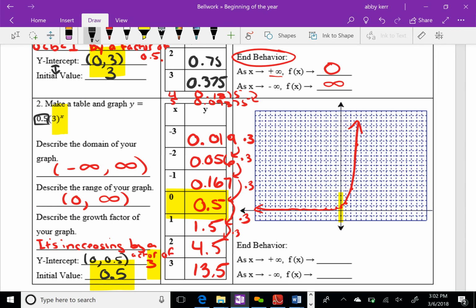Now, as x approaches positive infinity, as it's going to the right, what is our y doing? It's going up. So it's positive infinity. As our x is going to the left, what is our y doing? It's trying to reach 0. It's trying to sit on 0.